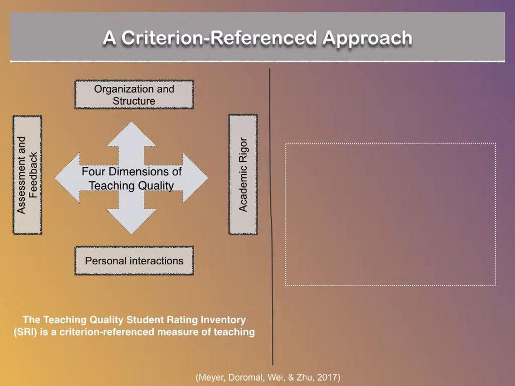Organization and structure is the extent to which the course is organized around learning objectives that are clearly communicated to the student. The instructor remains true to the learning objectives during the duration of the course. It also involves the clarity of the instructor's presentation, grading procedures, and assignment due dates.